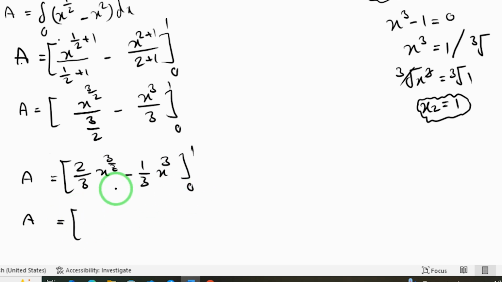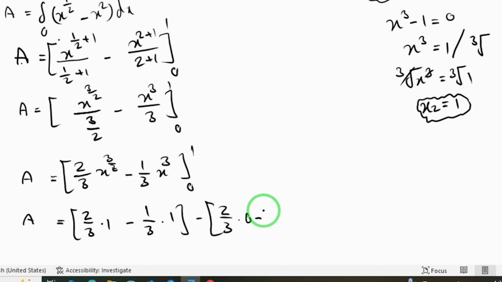Now we put 1 instead of x: 2 over 3 multiplied by 1 minus 1 over 3 multiplied by 1, minus, we put 0 here, 2 over 3 multiplied by 0 minus 1 over 3 multiplied by 0.